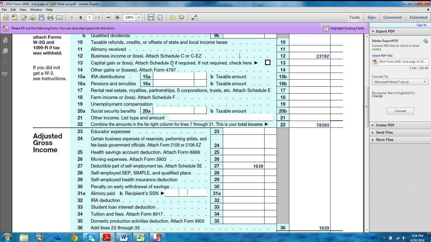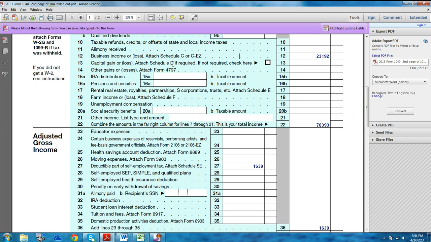Then you have the farm income, or I'm sorry, I guess I'll go over the royalties, partnerships, S corps, and trusts first. These partnerships, S corps, and trusts come from other tax returns, and they're all flow-through taxes. So when you file these other tax returns, you'll be filing a K1 on those returns.